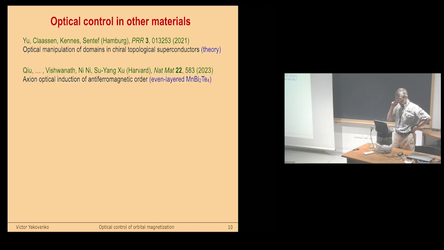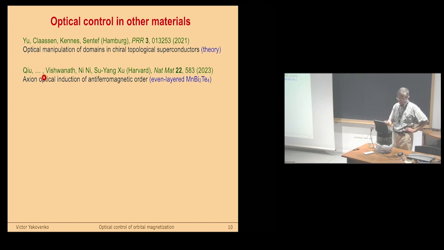But anyway, there are some other systems where there is some optical control, in a somewhat different way. I just mention them very briefly; I don't have time to go into details. This is called axion optical induction of antiferromagnetic order. Essentially, you take an even-layer magnetic, antiferromagnetic topological insulator.